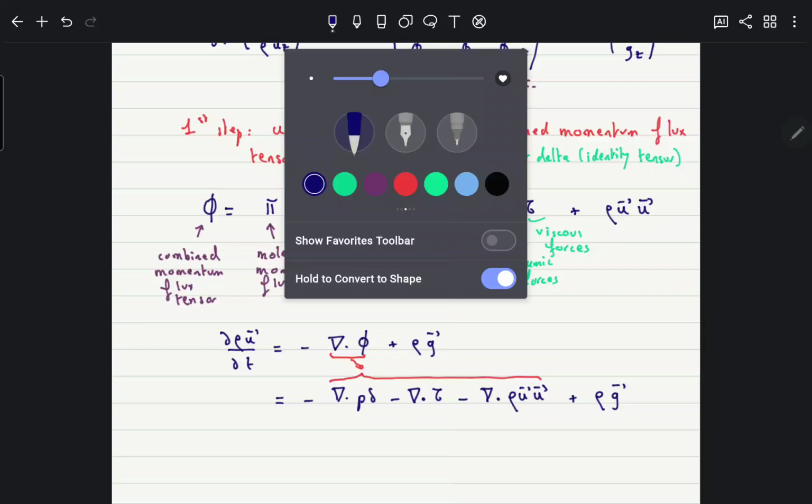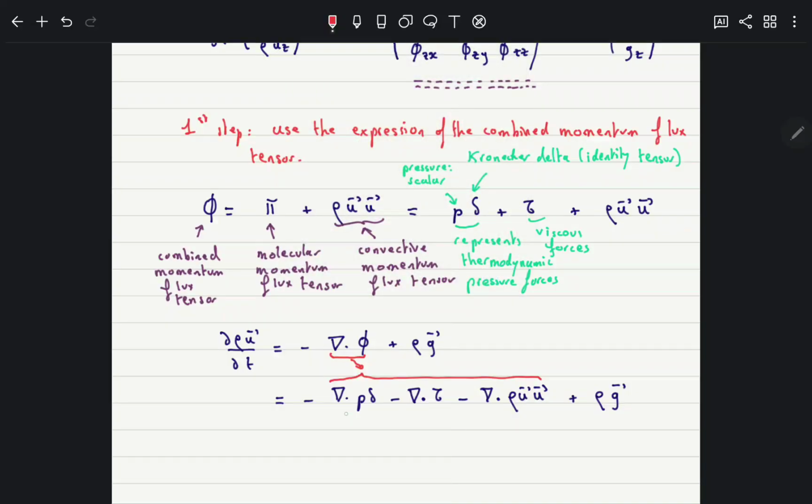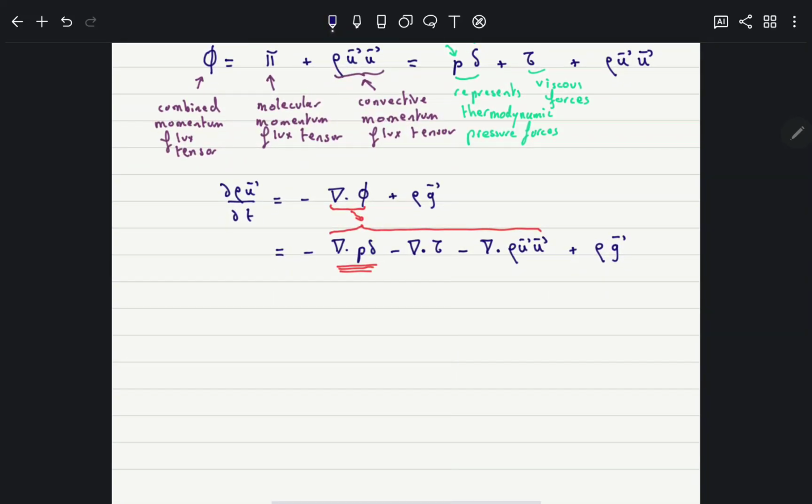Now what I want to do next is look at this term here, which is the divergence of p delta. We're going to try to simplify it and see that it can be further simplified. So what is it exactly?